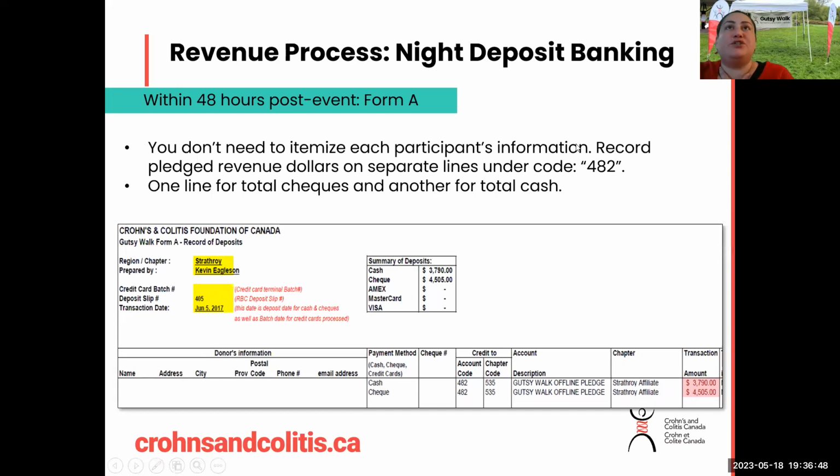As I mentioned, you don't need to itemize everything. If you have any money raised through a barbecue or any other donation, you need to use the code 486. This will also be available on the Form A instruction document.